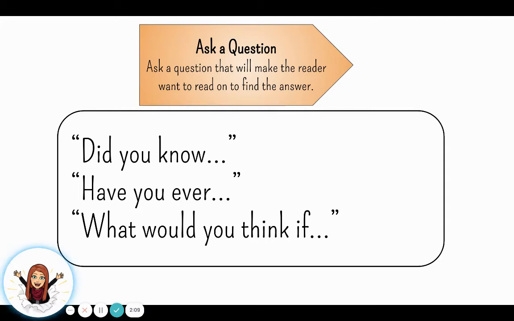So this automatically will hook your reader because you've asked them a question and they're going to want to read the rest of your writing to find out the answer. And they're thinking about how they might answer this question in their mind. So here are some simple sentence starters that you might use to help you write your question. So for example, did you know, or have you ever, or what would you think if, right? So you're almost talking to the reader.